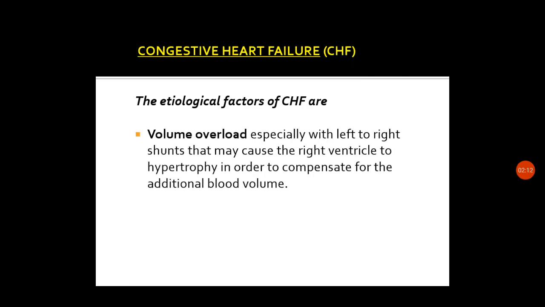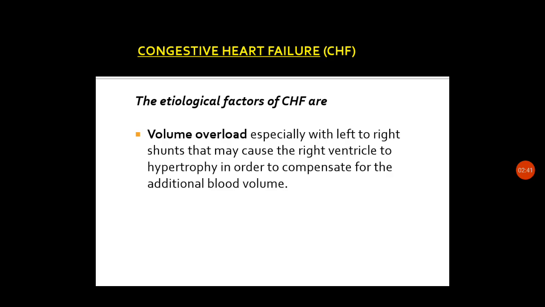The etiological factors can be discussed under various headings. The first etiological factor is volume overload. We have already discussed some conditions like left to right shunts. In ASD, VSD, and PDA, there is a left side to right side shunt, from a high pressure area to a low pressure area.